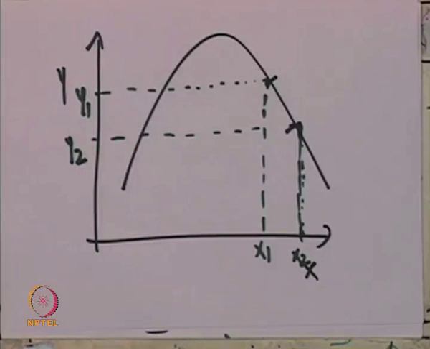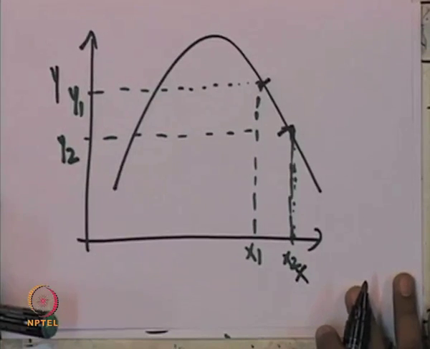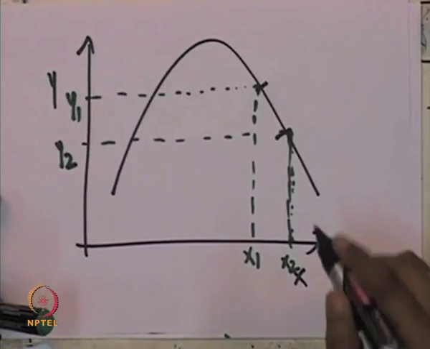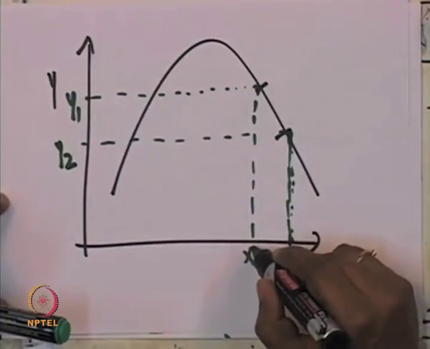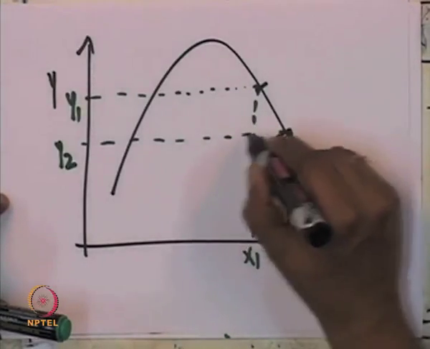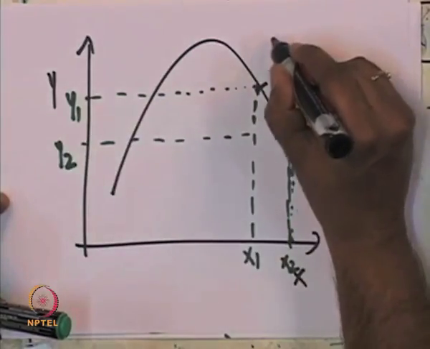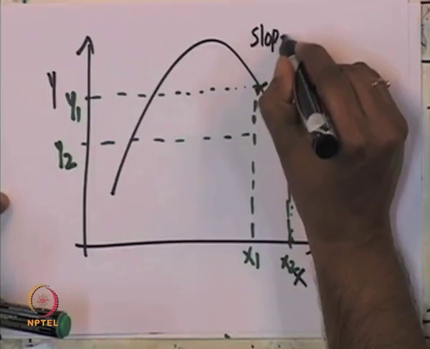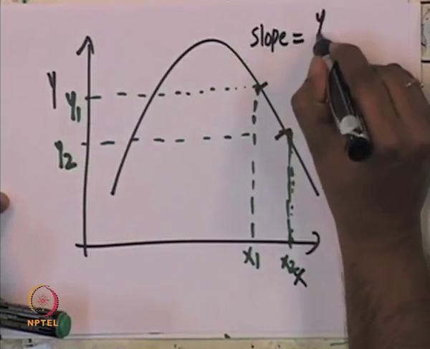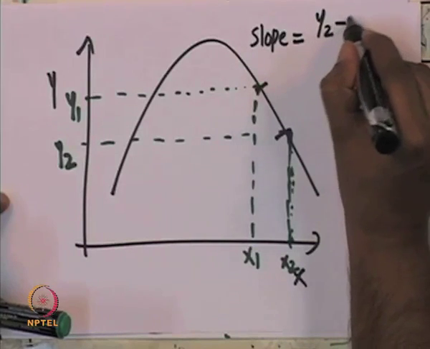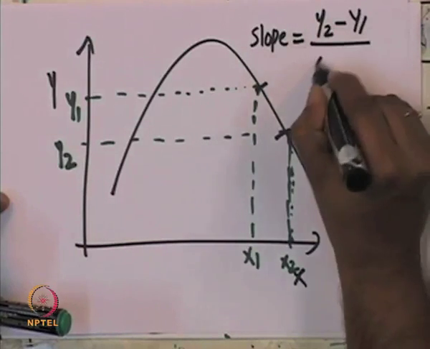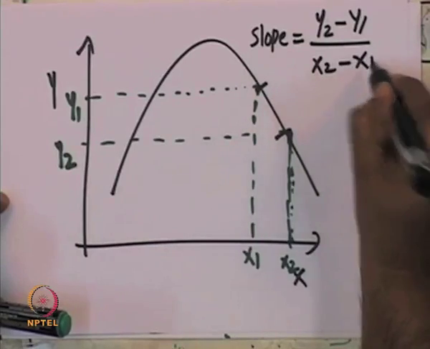So, according to what we learned, the definition of derivative is dy by dx, which is, for whatever value of x1 we have y1, basically the slope is y2 minus y1 divided by x2 minus x1.